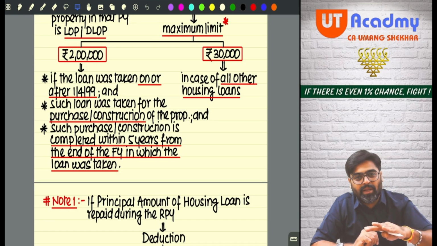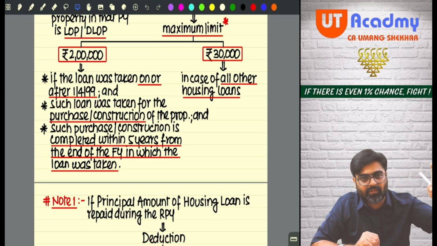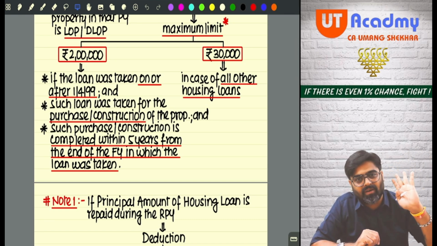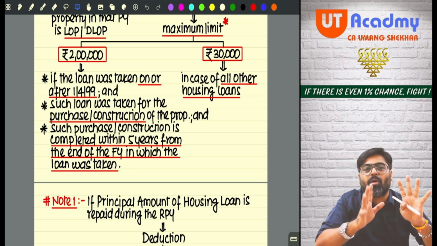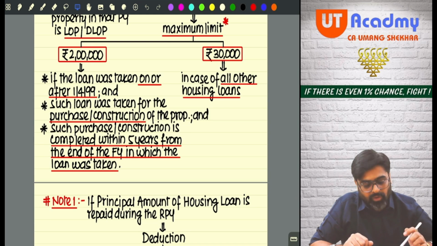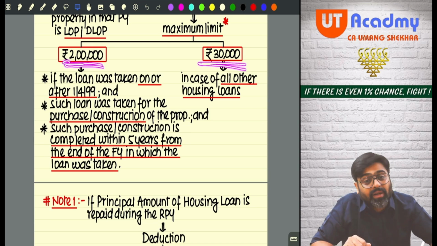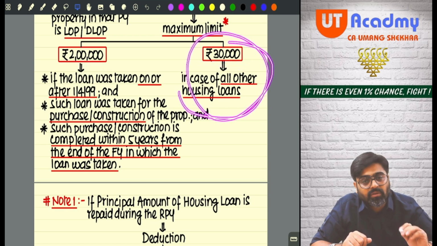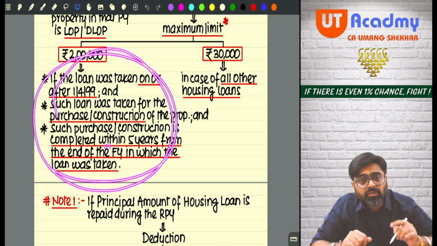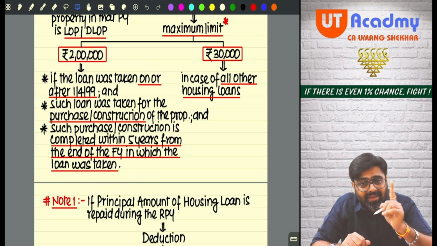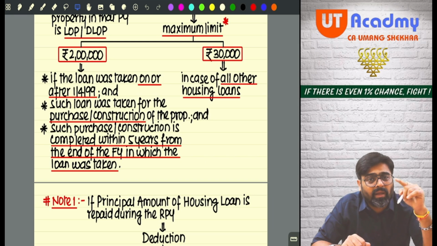For LOP or DLOP, whatever interest you are going to give for this year will be allowed fully in this year without any monetary limit. So for all housing loans the limit is 30,000, but on this special type of housing loan, the limit is 2 lakh. But this limit is applicable only if the property is SOP.